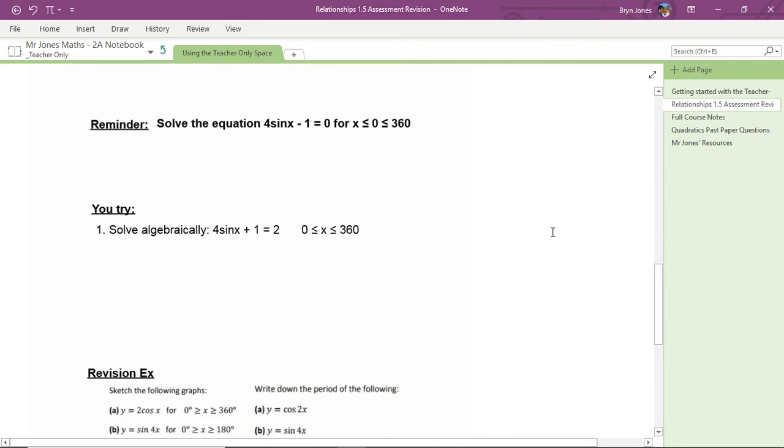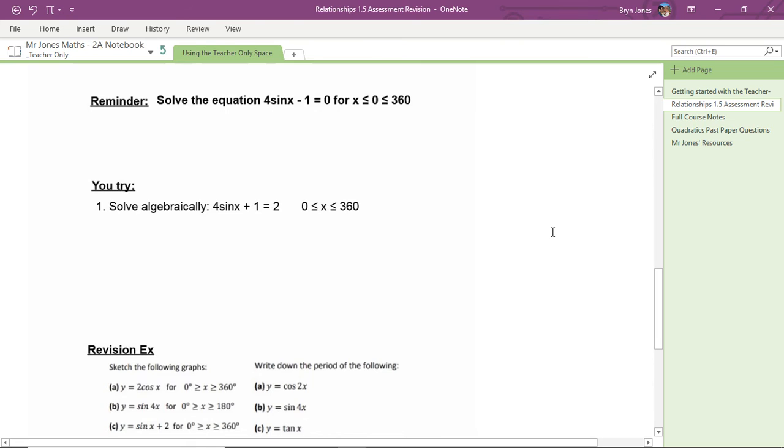This question is solve the equation 4 sine x minus 1 equals 0 for x between these values. Although I'm actually looking at this, and this question is very poorly written. This should say, okay, what it means is for the values of x between 0 and 360.